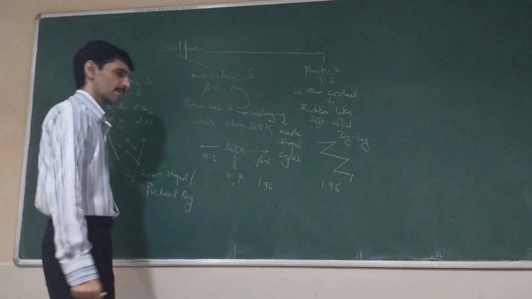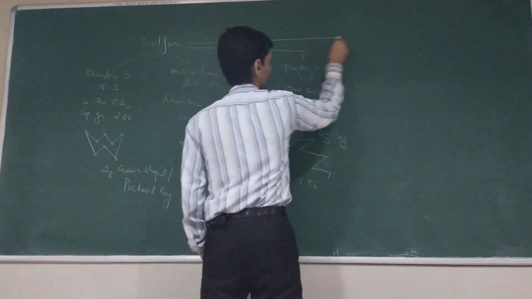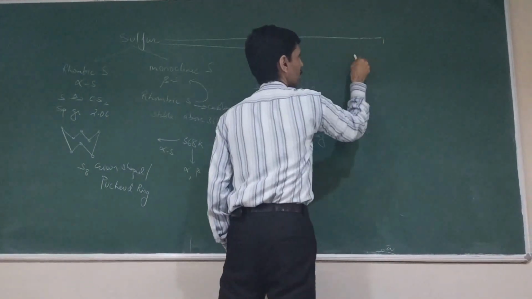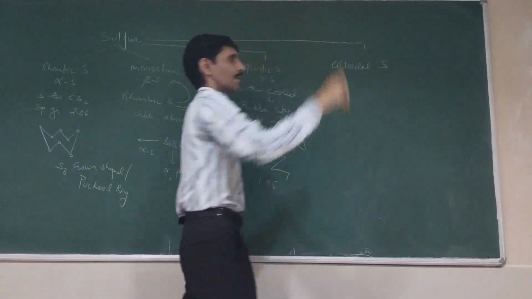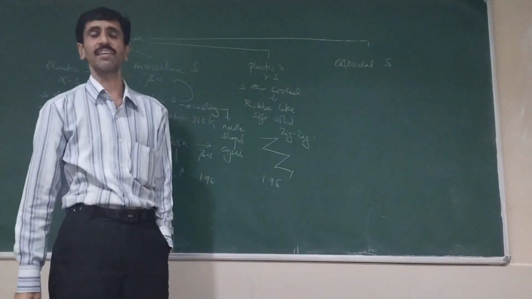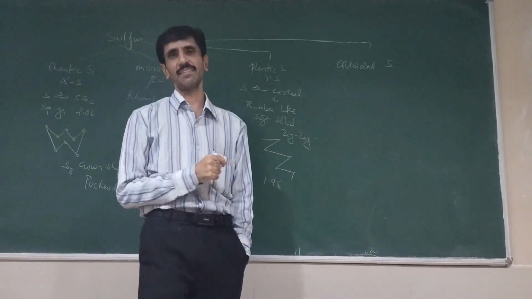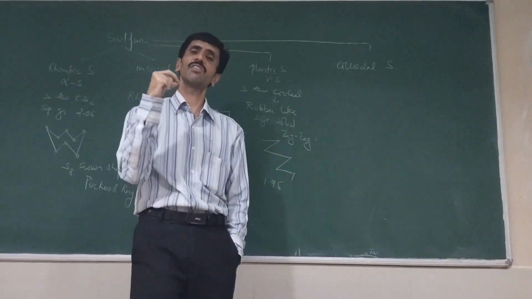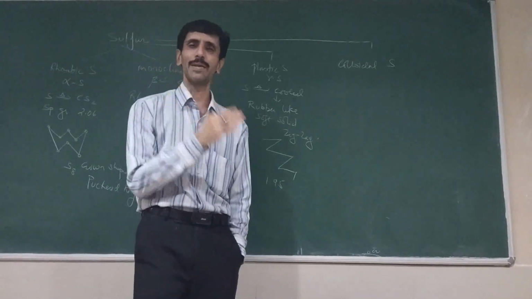The final form, the most important one, is called colloidal sulfur. Now when I talk about colloidal sulfur, it's related to colloids. It's a system where the particle size matters. My dear friends, when a solute is completely soluble in the solvent, the particle size is minimal.